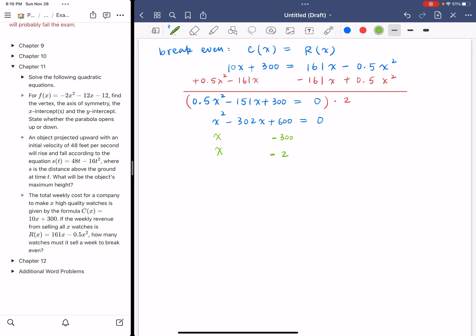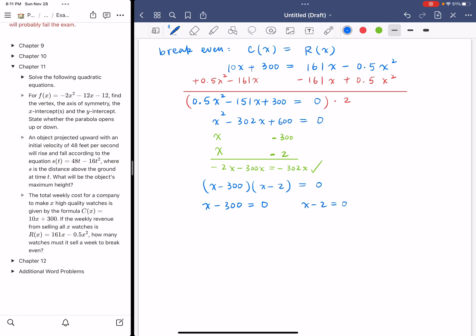If we check by doing cross multiplication, we can see that it's negative 2x minus 300x, and that's negative 302x. It's exactly what we need. Therefore, we factor the left-hand side into x minus 300 times x minus 2. This product is 0. By the zero product property, each of them could be 0.